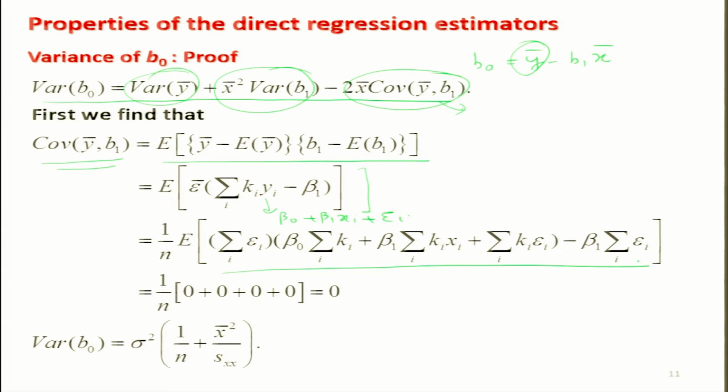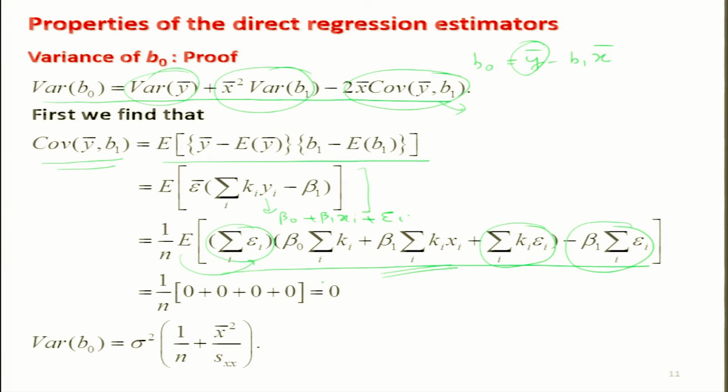I have given you the complete expression, and you can see that once you take this expectation sign inside, all the terms are becoming 0. The first term will become 0 because summation epsilon_i is 0. This term also becomes 0, and this term also becomes 0, and you already have proved that this is equal to 0. So, all these terms will become 0.